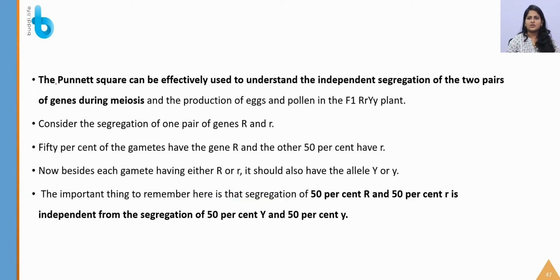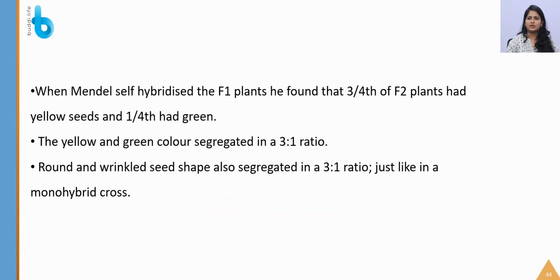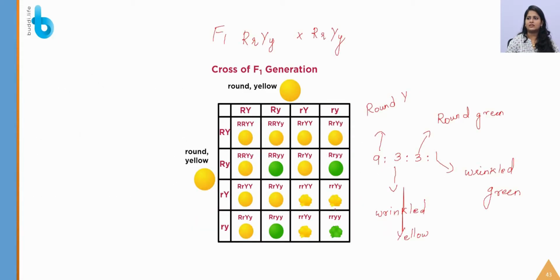So here the Punnett square can be effectively used to understand the independent segregation of two pairs of genes during meiosis. Using this Punnett square, we have seen the gamete formation. Now I will show you gamete formation, how to write that. This R can combine with this capital Y, or it can also combine with small y. So you can see two different combinations, but the parental combination was this one.